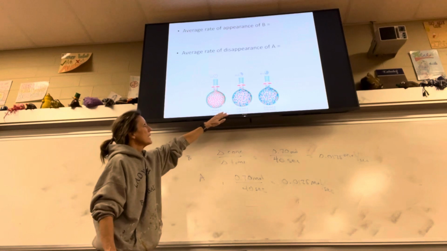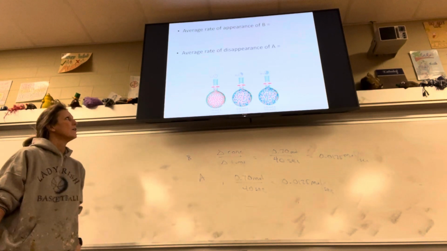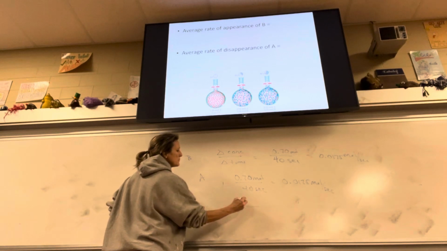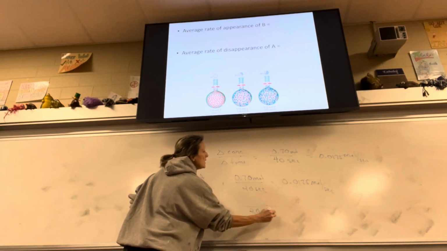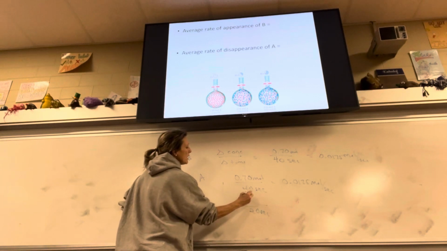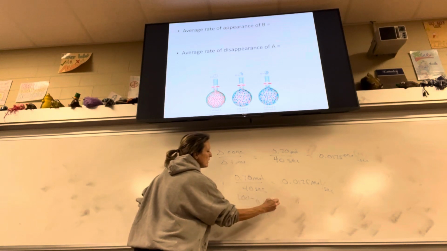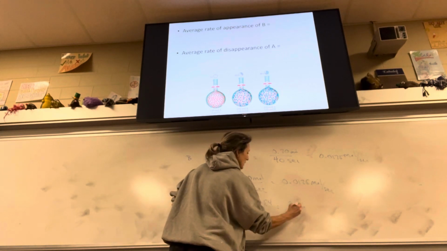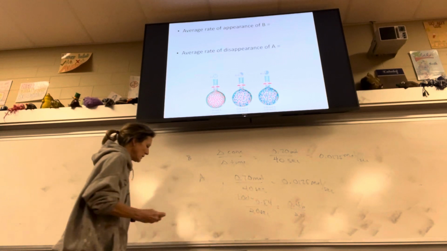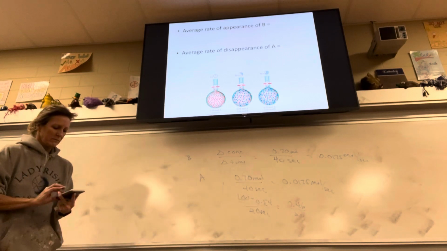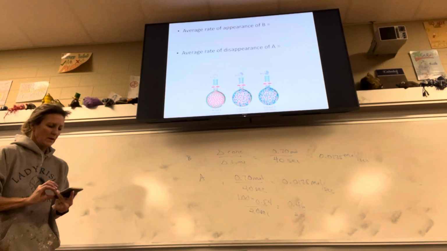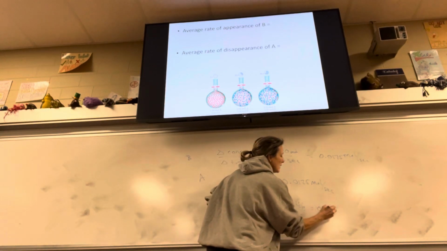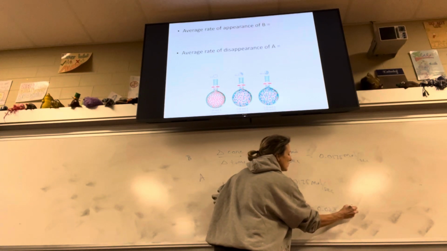If we just wanted to look at the rate of the disappearance of A over the first 20 seconds, this would just be over 20 seconds. We would have 1.0 minus 0.54, so that would be 0.46 over 20, and that would be 0.023 moles per second.